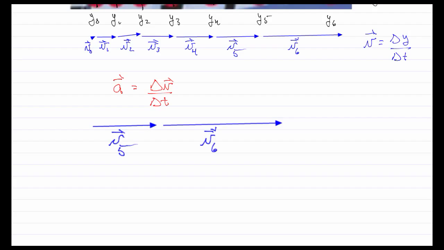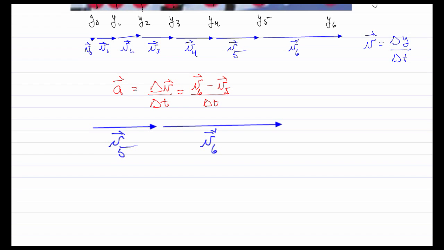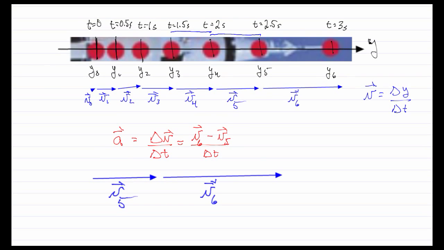Now, let's go back to our acceleration. So we can represent a change in v for this particular interval as v6 minus v5. And our time interval is delta t. It's going to be half a second.